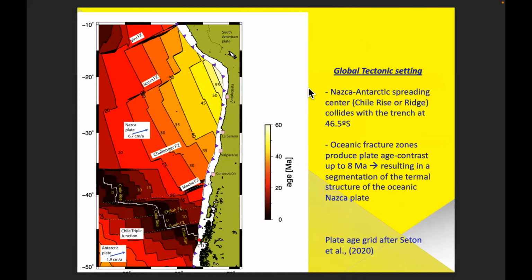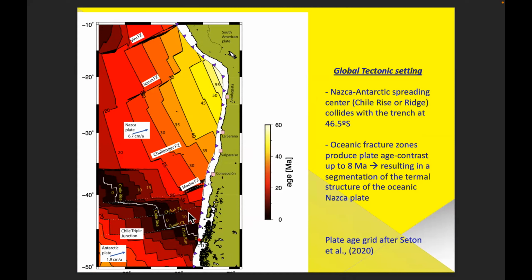The plate age of the Chilean margin is, of course, 0 here at the Chile Triple Junction, where the Nazca-Antarctic spreading center is colliding, and becomes older to the north and to the south.